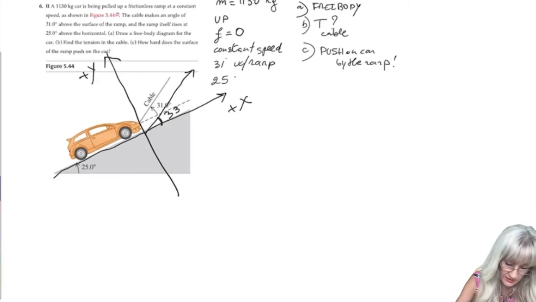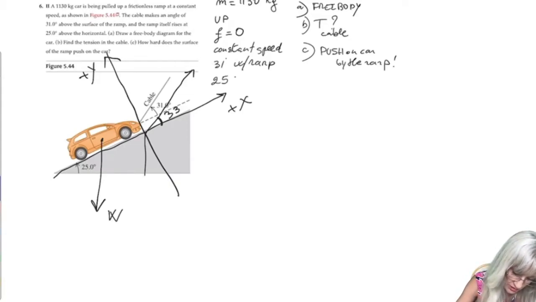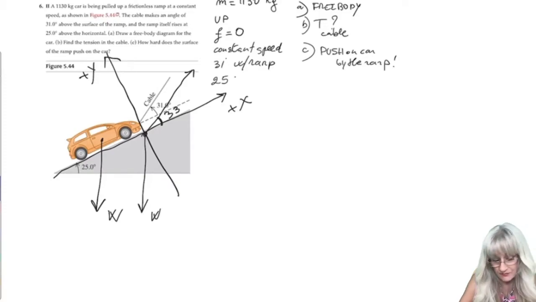What else? Well, the car will have a weight that points toward the center of the planet, definitely, which will be positioned here at the origin of the Cartesian system. If there was a friction, it would be right here, pointing opposite to the motion, but there is no friction. Good for us.